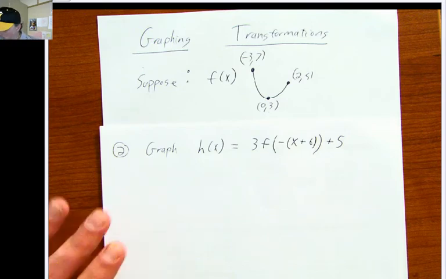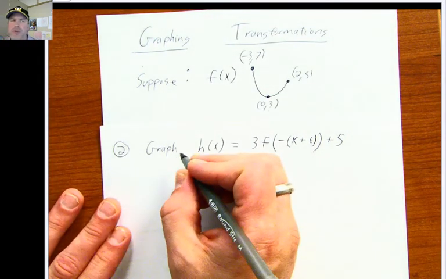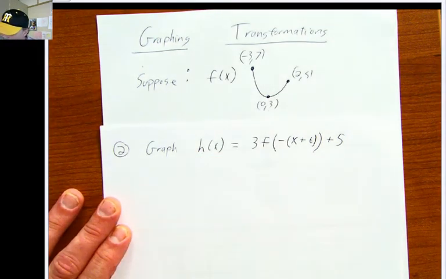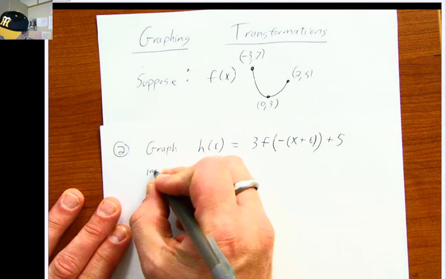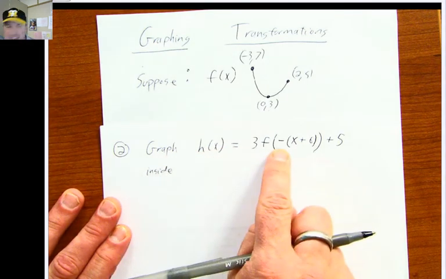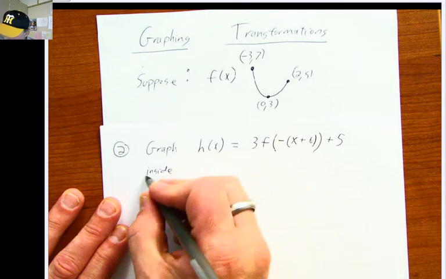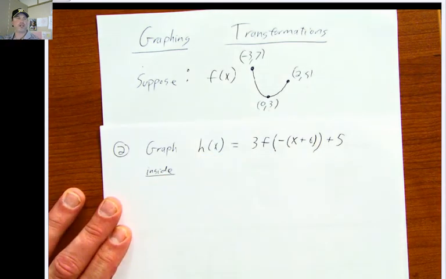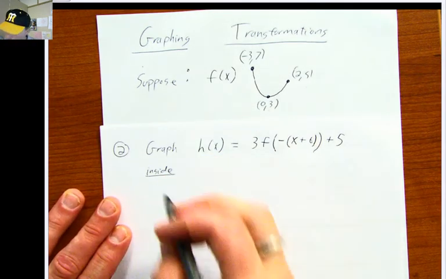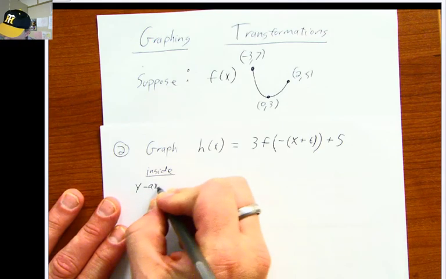Okay, let's see. I'm going to do an inside-outside, kind of keep them separate. On the inside, I have this negative, and if it's on the inside, it's affecting the x-coordinate, so that's a y-axis reflection.